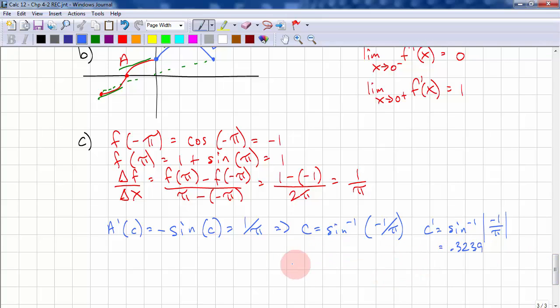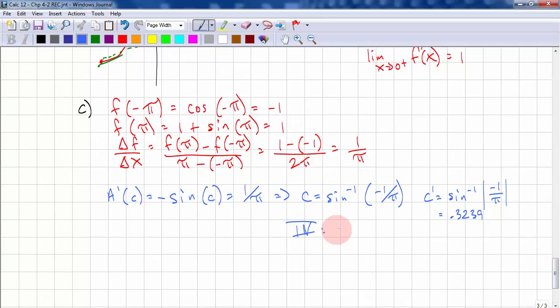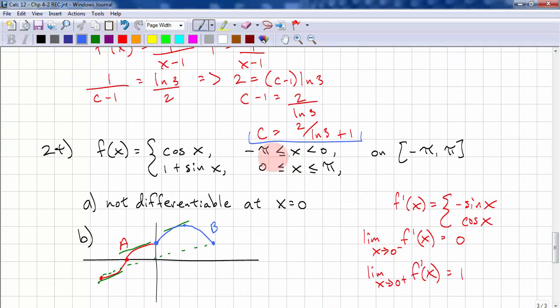Our quadrant 4 answer is 2 pi minus 0.3239. And we have to subtract 2 pi because we're looking on the interval from negative pi to 0.